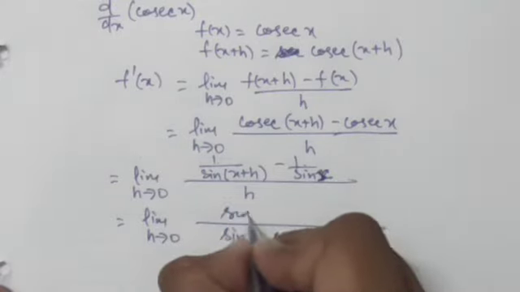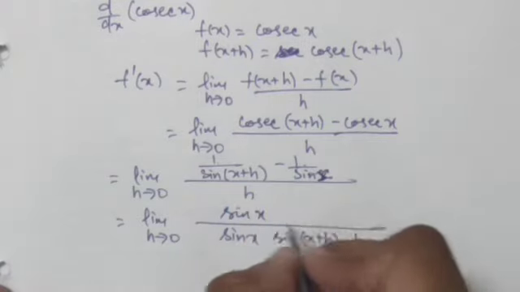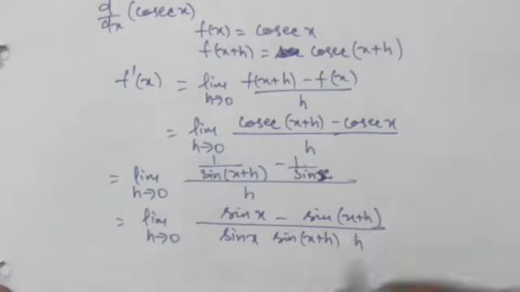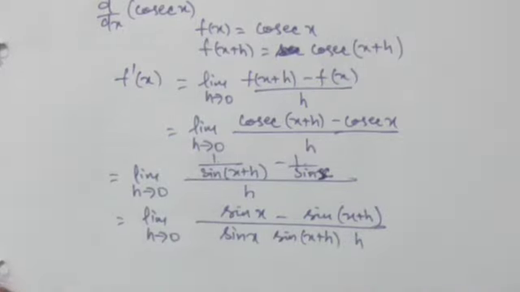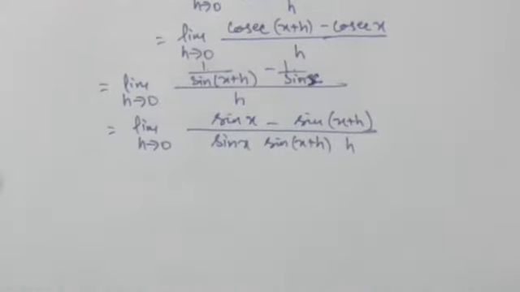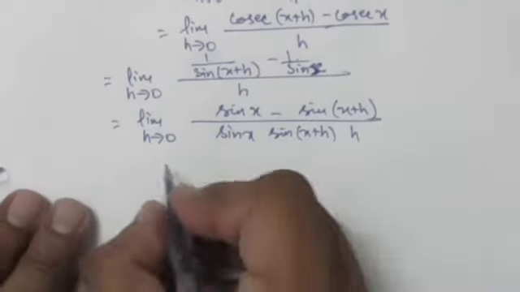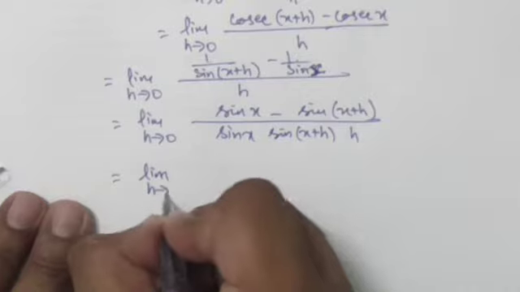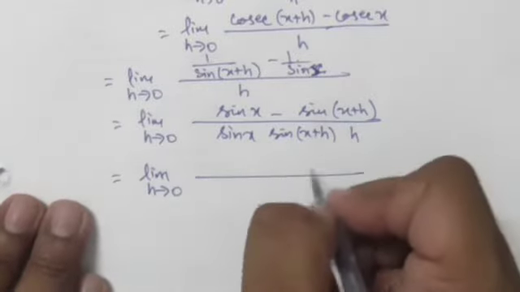And now in numerator what we will have? sin x minus sin(x + h). So it will be equal to limit h tends to 0 sin A minus sin B.